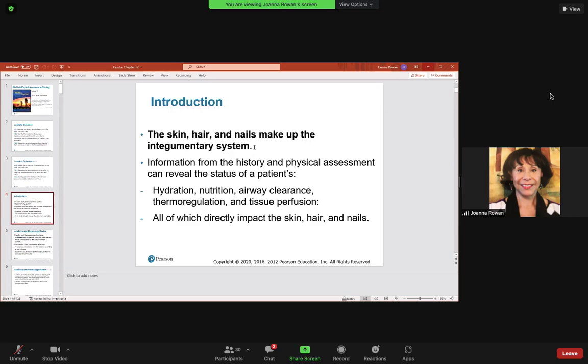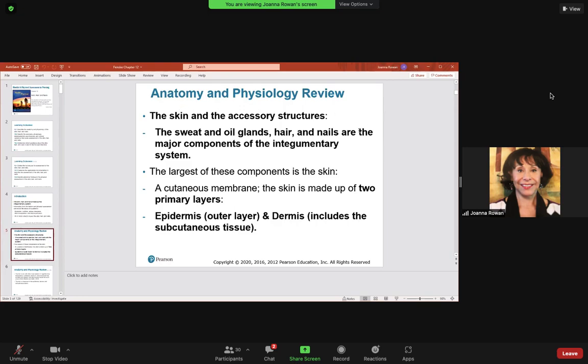So when we examine the skin, the hair, and the nails, even by inspection, you can get a lot of information. A lot of information. The skin and the accessory structures include the sweat and oil glands.